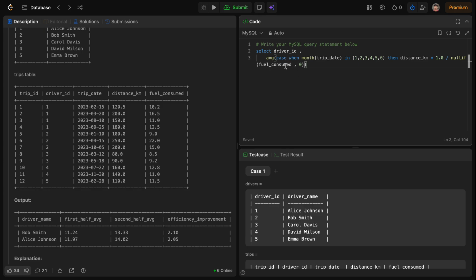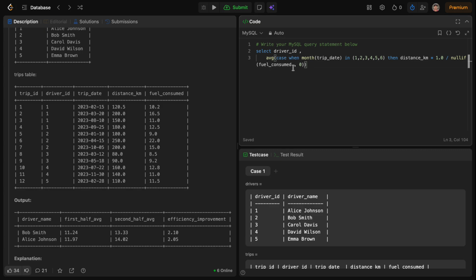When the fuel consumed is 0 and this 0 matches, it returns NULL and moves on. If the fuel consumed is 10.2, then 10.2 and 0 are not matched, which is good.